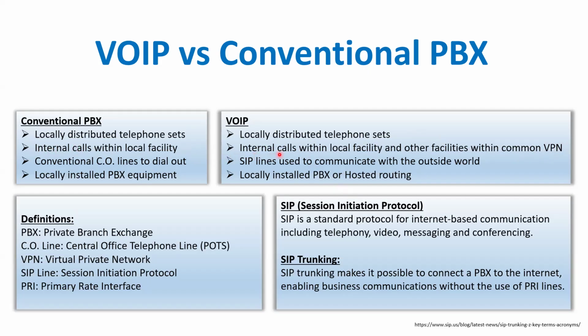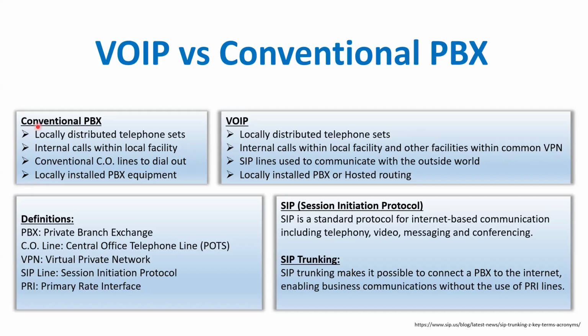No long distance anymore. There's no difference between dialing the person in the cubicle next to you or the person in the cubicle in the office in China, if you belong to the same virtual private network. Huge savings, money savings on that.